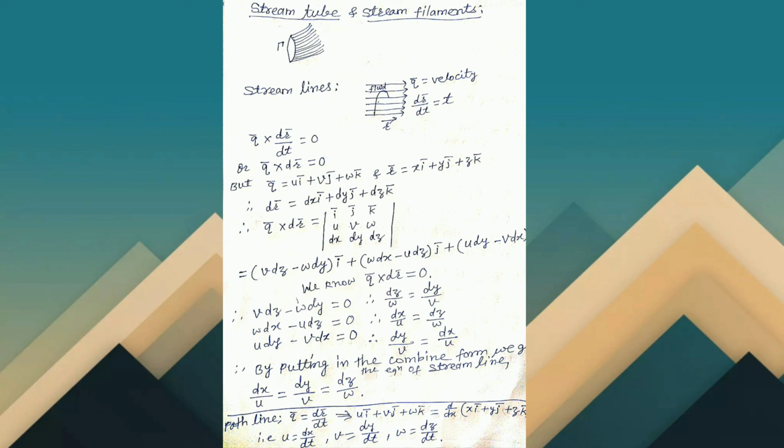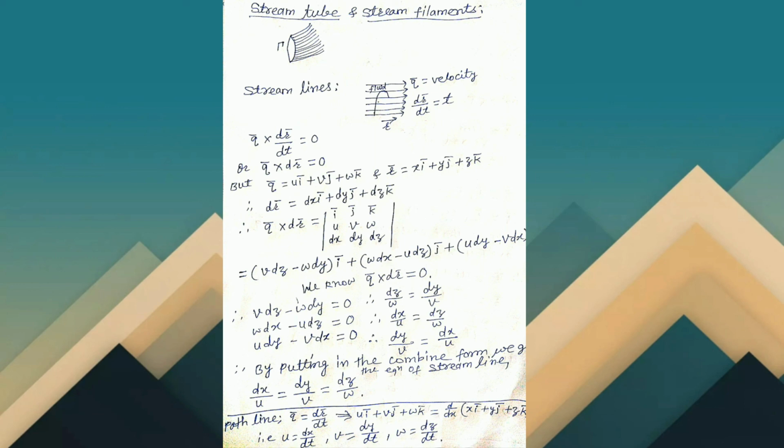We know q bar is u i bar plus v j bar plus w k bar, and dr bar by dt is d by dt of x i bar plus y j bar plus z k bar. So q bar is equal to dr bar by dt implies that u i bar plus v j bar plus w k bar is equal to d by dt of x i bar plus y j bar plus z k bar.